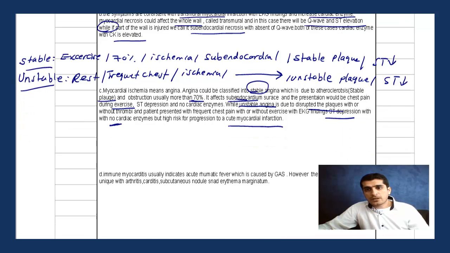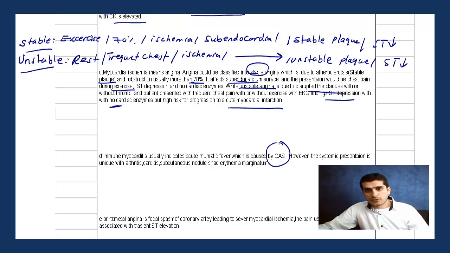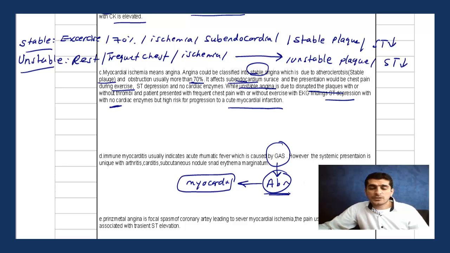Now, for immune myocarditis, he's talking about group A streptococcal infections, and the cause of injury is not due to the group A streptococcal cells, but group A streptococcus will liberate antibodies, and these antibodies will go and attack the myocardium. Right? This is the pathology. That's why they call it immune, because it's not due to the infection.